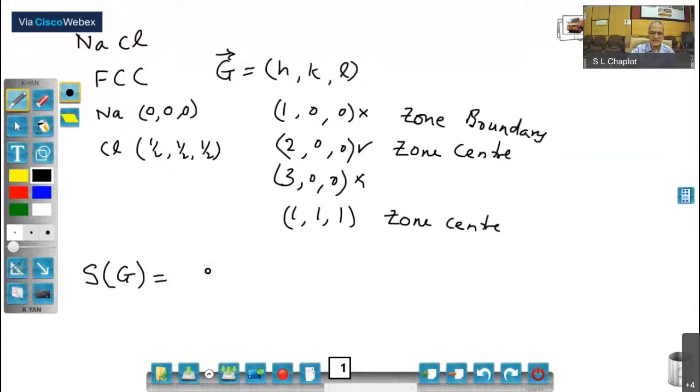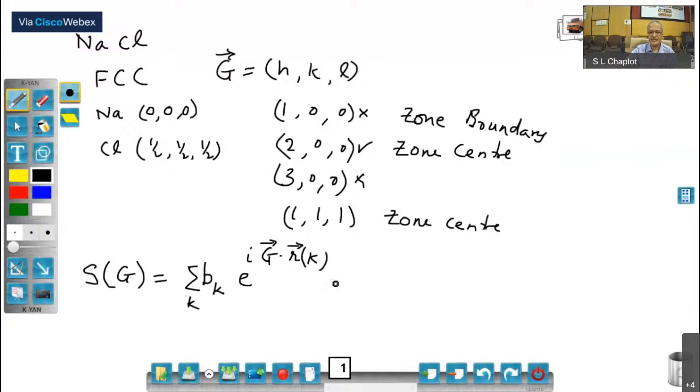the essential terms would be the scattering length. For convenience, I'll forget about the Debye factor, so it is the coherent scattering length times e to the power i G dot r_k, where r_k is the coordinate of the atom, summed over the two atoms. So we have two terms.